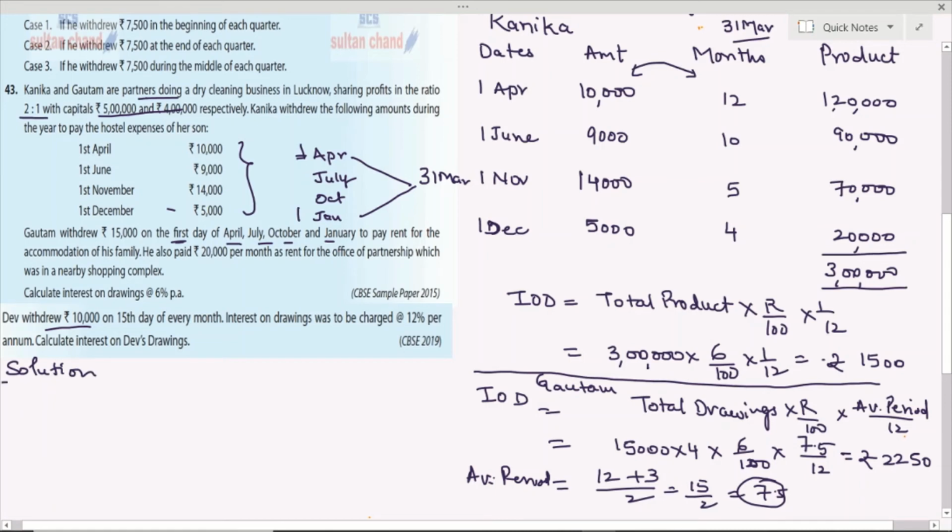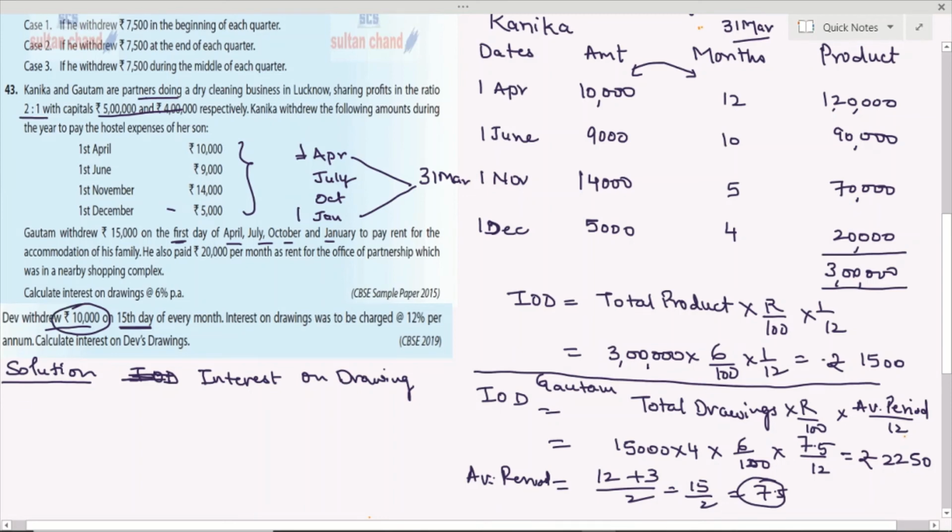We are going to find out the interest on Dave's drawings. Fine, I'll write it properly. Interest on drawings. Again in this also it says every month 15th day, that is the 15th of every month. Amount is also the same. Again we can use the average period method.